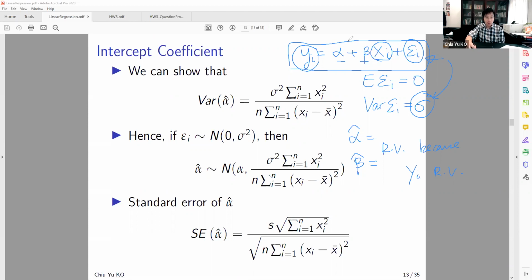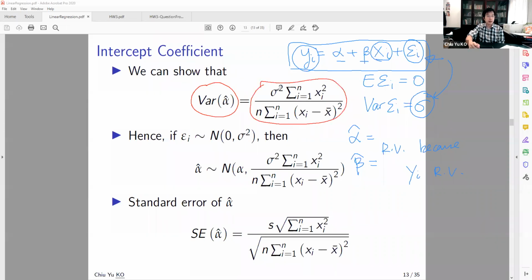And what I mean here is we will show, which we try to do in the technical part, how the variation of the intercept, the variance, is given by this complicated formula here.